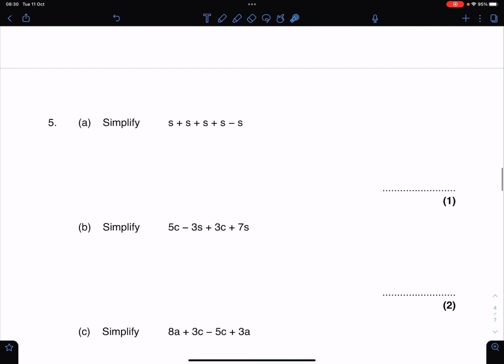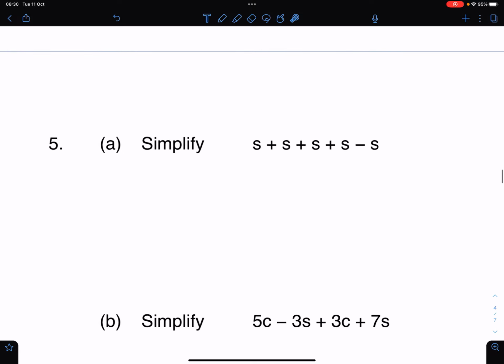Good job. So guys, I'm going to give you a trick to solve this sort of question. Look at question 5a: s plus s plus s plus s minus s. Instead of adding s plus s plus s plus s and then minusing s, before you do that, look, this is positive s, this is negative s. I'm going to cancel them out, because s minus s is 0, right?